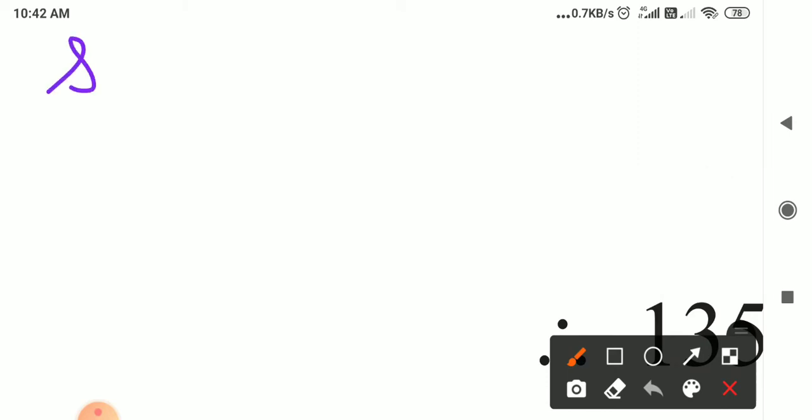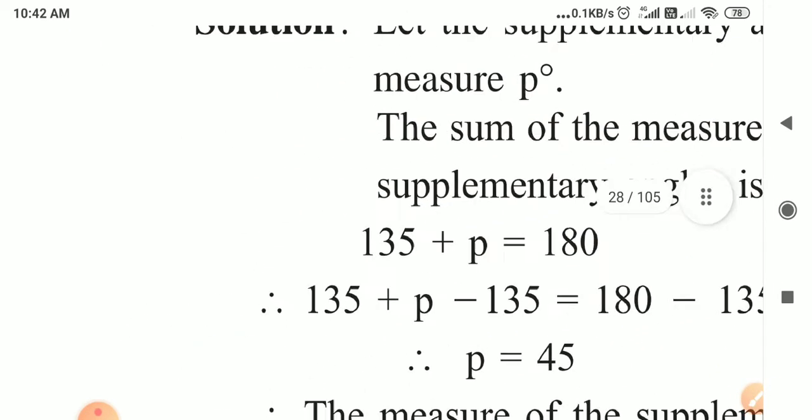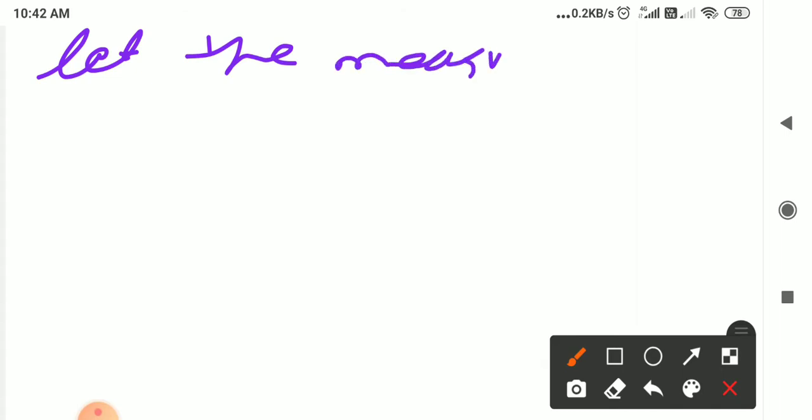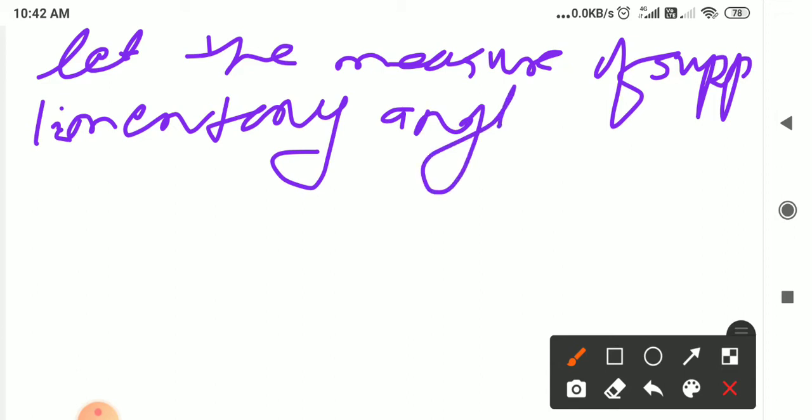According to the definition, let the supplementary angle measure be P. You can take your own variable; it's not necessary to take P. I will take x degrees.